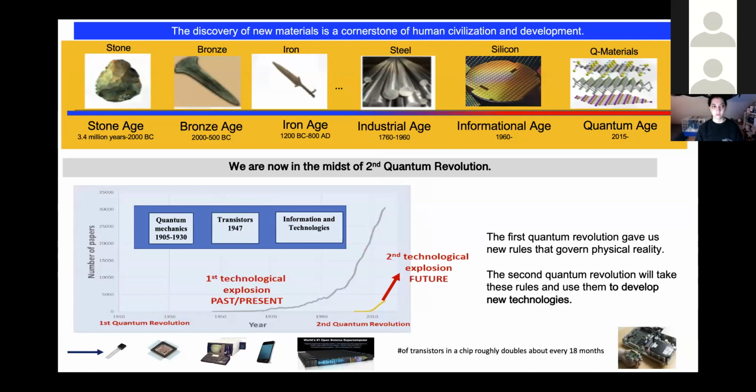Okay, so let me start with a general introduction, because I know that the students are from very diverse backgrounds. Only several of you are physicists, so I thought it would be useful for you to get a broader picture of the field. As we all well know, materials have always been a driving force for human civilization and development, right?